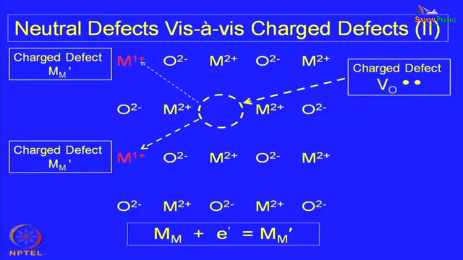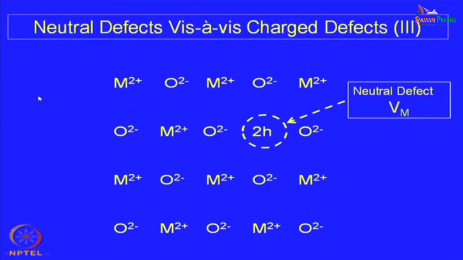So, the effective negative charge here is actually denoted by prime, effective positive charge is denoted by dots, whereas effective negative charge is denoted by prime. That is also another convention used in defect chemistry.